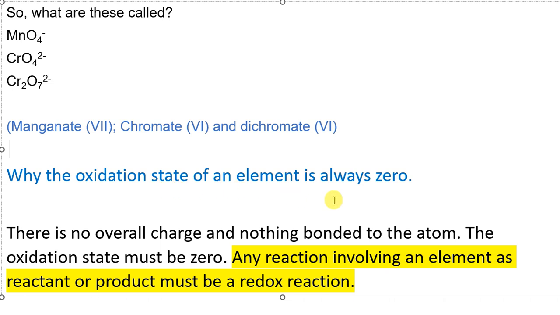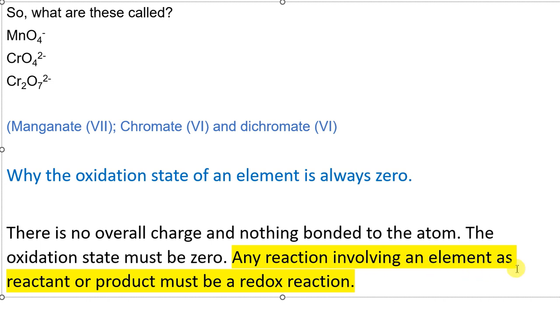The oxidation state of an element is always 0. It's one of the things I always look for in a redox reaction. Is there an element present? If there is, it's redox, as we shall see. There's no overall charge and nothing bonded to the atom if it's an element, so the oxidation state must be 0.